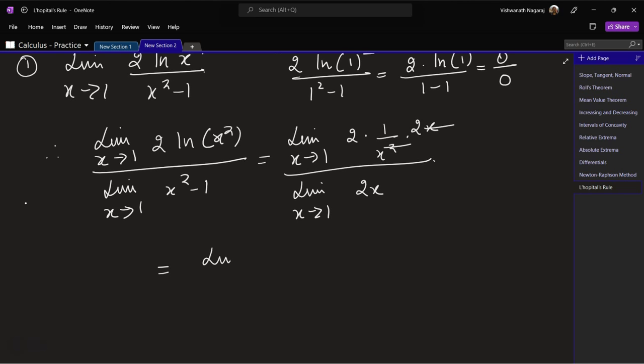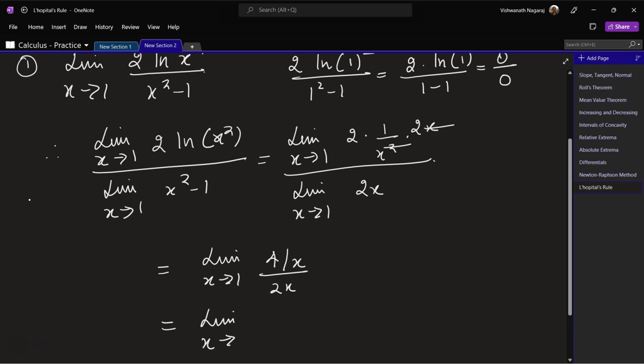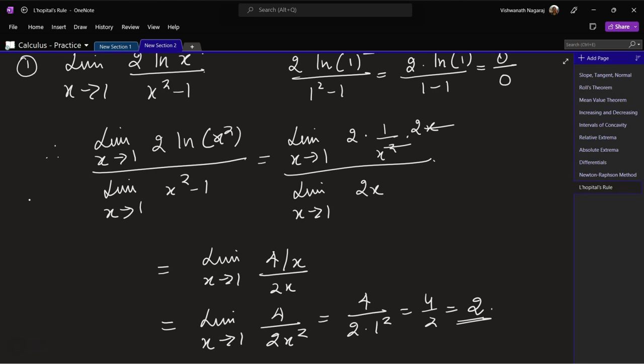We get the limit as x approaches 1 of 4 by x divided by 2x, which can be written as the limit as x approaches 1 of 4 by 2x square. Now when we take the limit, we get 4 by 2 times 1 square, which is 4 by 2, so the limit is 2.